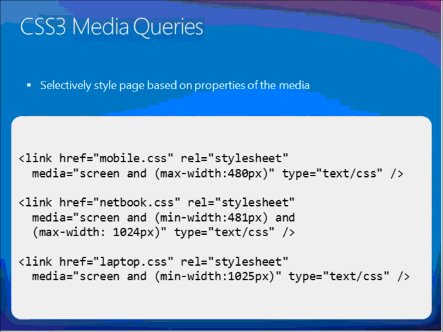I then have a netbook CSS sheet that is for screen widths between 481 pixels and 1024. And finally, a laptop CSS style sheet that's for anything wider than 1025 pixels.